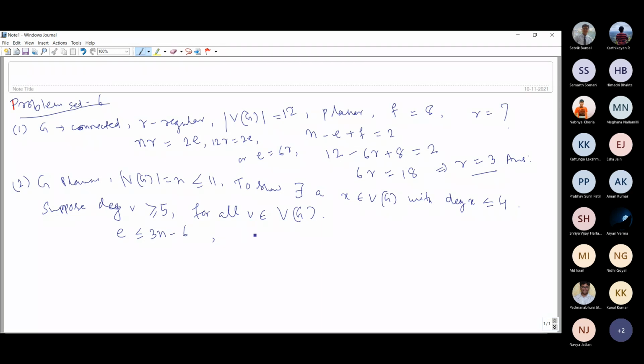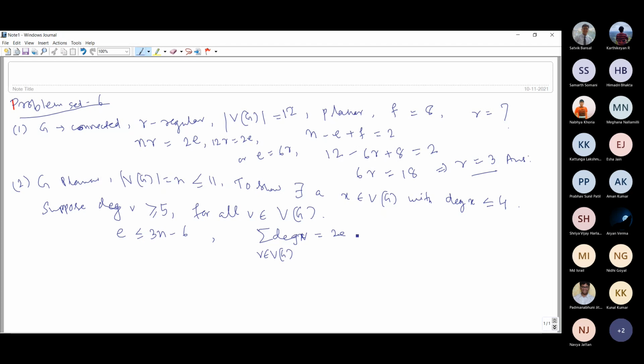And also we get a bound for E from the first theorem of graph theory. Summation of degree of v, where v belongs to the vertex set of G, is equal to twice the total number of edges.